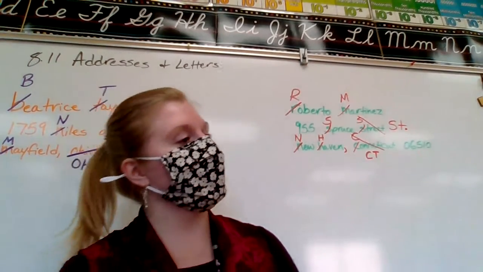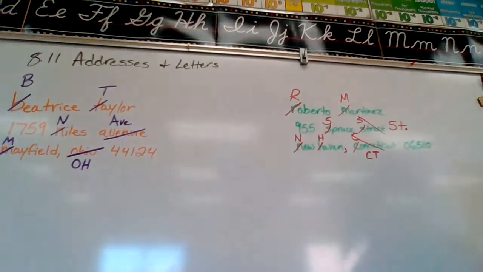Alright, so if we're looking at page 117, it says for numbers 1 through 5, you're rewriting each of the following. That doesn't mean you're crossing it out and not putting anything on the line. You're rewriting it, adding capital letters and punctuation where needed. Notice how it says, use abbreviations where possible.